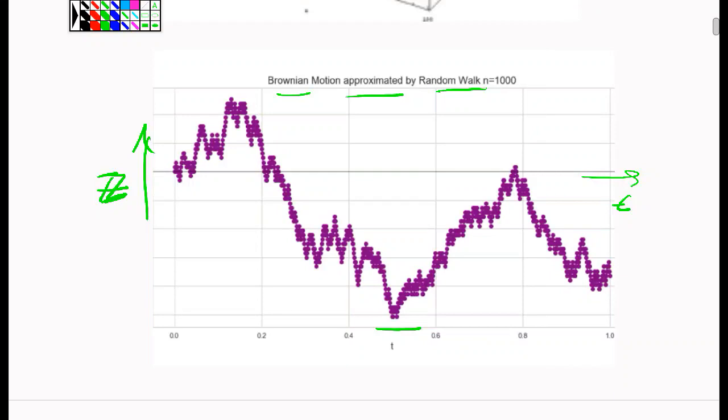So in today's lecture we will formulate in an axiomatic fashion when a stochastic process, which in this case is running in continuous time, will be called a Brownian motion.